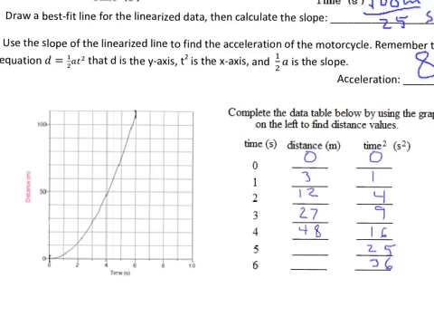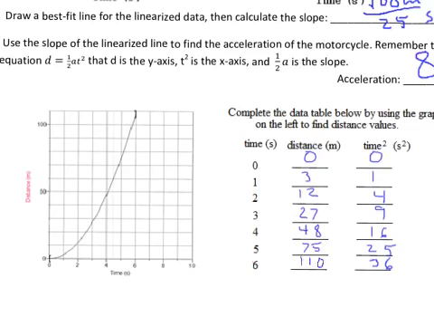At time 5, let's see, if this is 50, this is 60, this is 70, I'm going to call it 75. And then at 6 seconds, I'm going to call it 110.